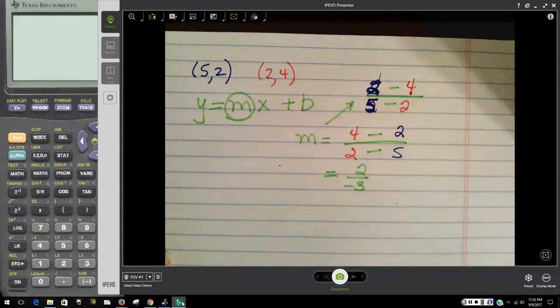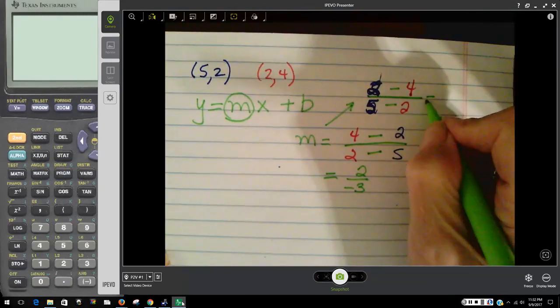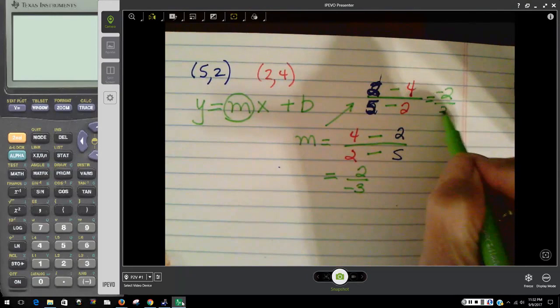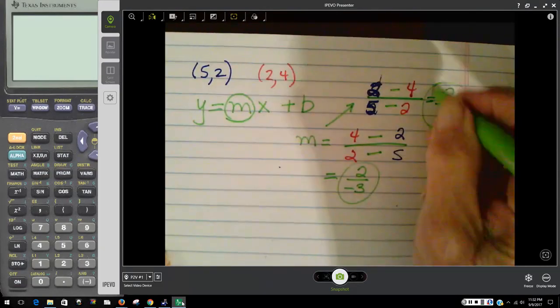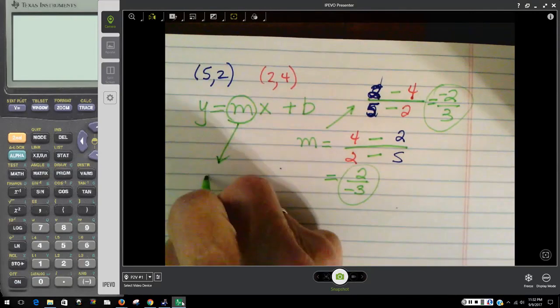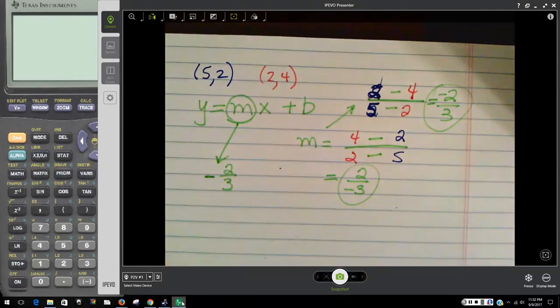Notice when we do it that direction, we get 2 minus 4, which is negative 2, over 5 minus 2, which is positive 3. But it doesn't matter if we have this or this. The slope is negative 2/3.